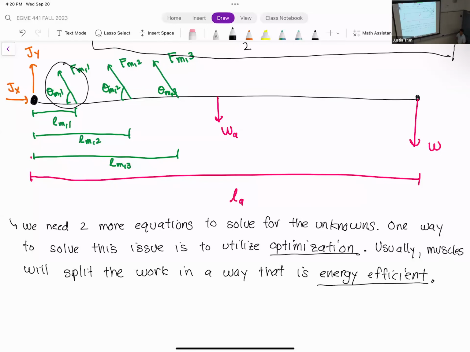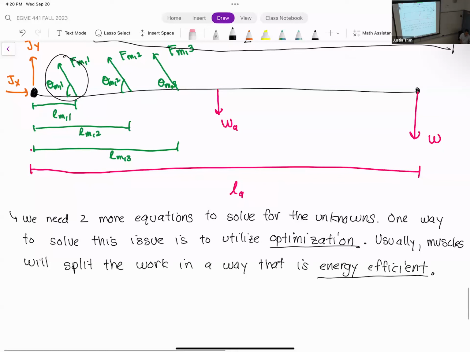To give you an example, if you were to perform this action and your body made one muscle do all that work, that's not very energy efficient because you're going to have one muscle that's going to be tired and not able to contribute. The best thing would be to split that work up, in terms of energy efficiency.